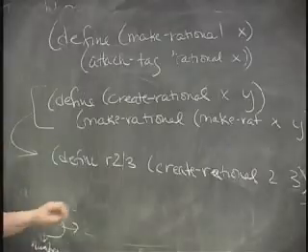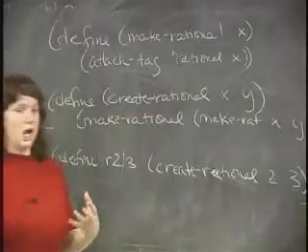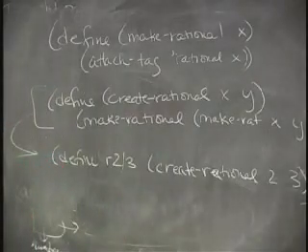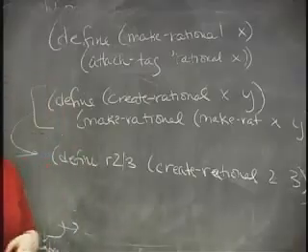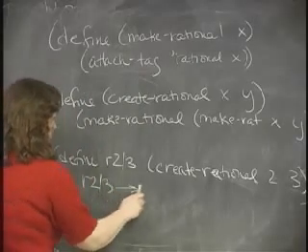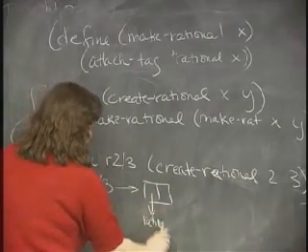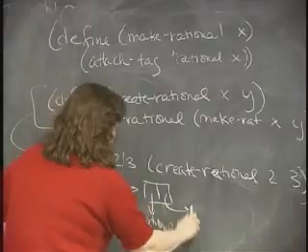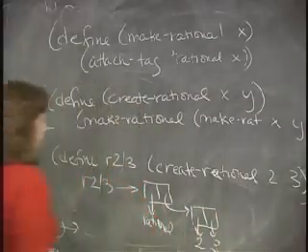So what that's going to do is it's going to call make rat, which is just a cons. It's going to cons my x and y together, and then it's going to call make rational to put the tag onto it. So our 2/3 is going to point to rational 2, 3.